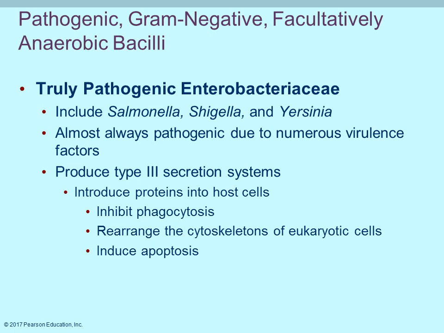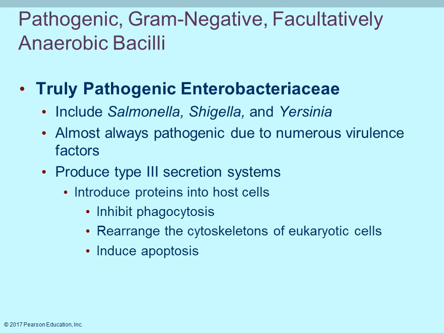Now, the category of the pathogenic Enterobacter members, this is a different story. These are true pathogens. They can cause disease even in healthy individuals. The three main ones that we're looking at here are Salmonella, Shigella, and Yersinia. They have several virulence factors. They can secrete enzymes.